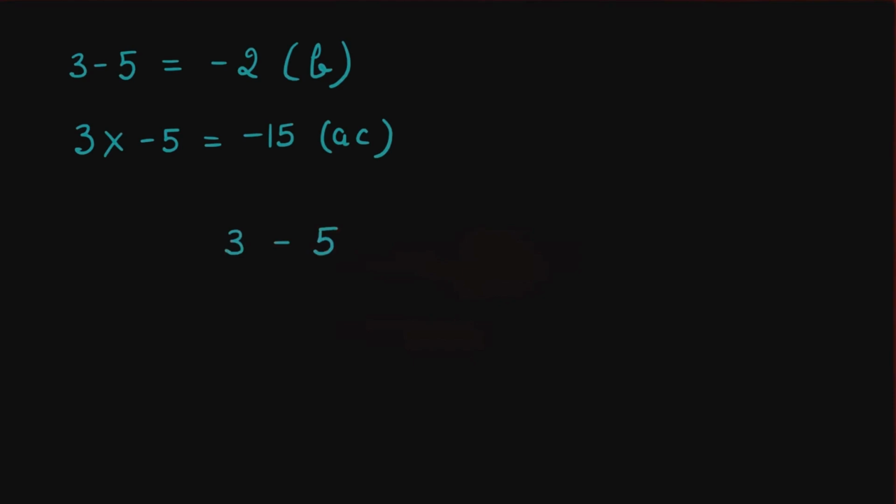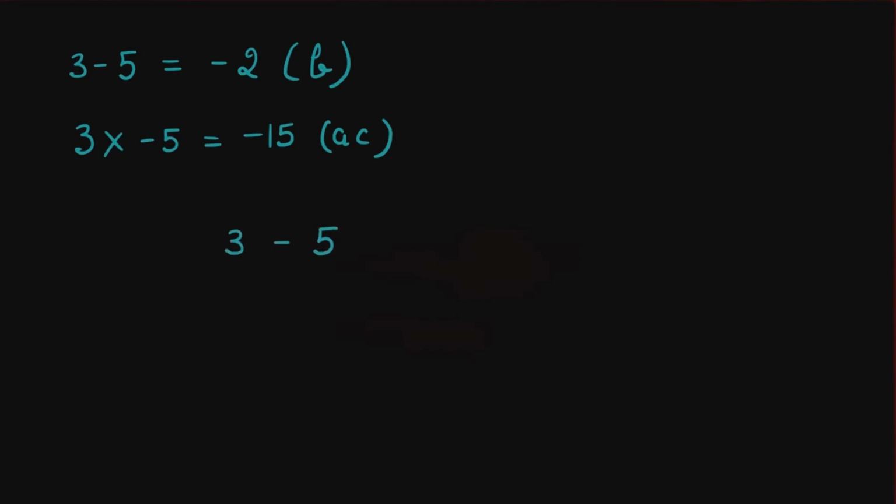If I do 3 minus 5, I will get minus 2, which is our B, and if I multiply 3 with minus 5, I will get minus 15, which is AC. So we can write the factors of 15, 3 and 5, as 3 and minus 5.